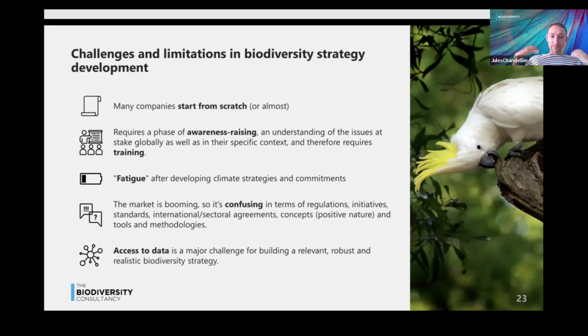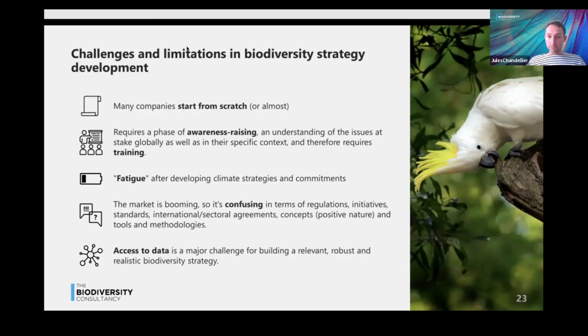But a lot of biodiversity work is trying to build on climate work, so trying to align with what has been done on climate, not to reinvent everything again, and to actually incorporate climate and biodiversity within the same initiative.